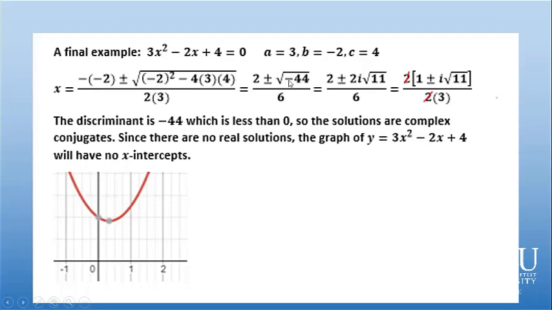Again, the discriminant was -44, a negative number, meaning there are no real solutions. And if you graph y equals 3x squared minus 2x plus 4, you can see that this parabola is opening up. Its vertex is here above the x-axis, so there are no x-intercepts.